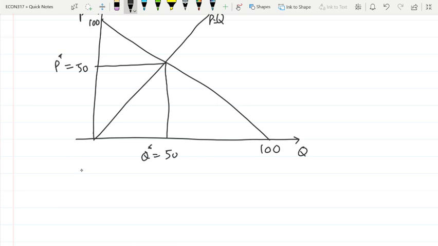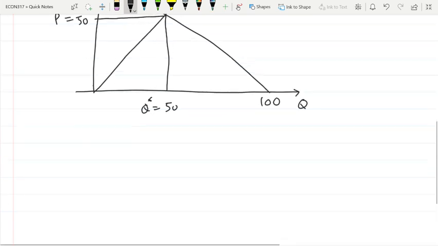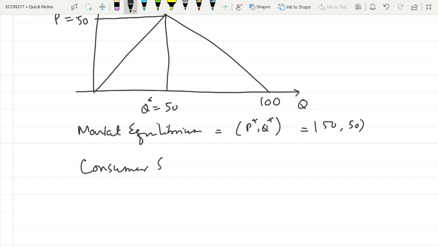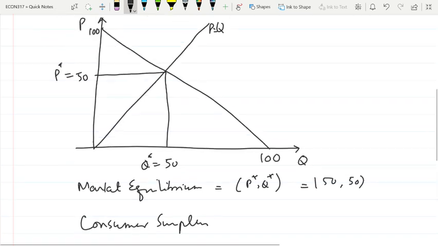Given this, now we are ready to compute. Let me first write down the equilibrium outcome. So market equilibrium is the pair P star, Q star. $50 per unit is the price, 50 units is the quantity, and to obtain the consumer surplus, I will go back to the graph to show.